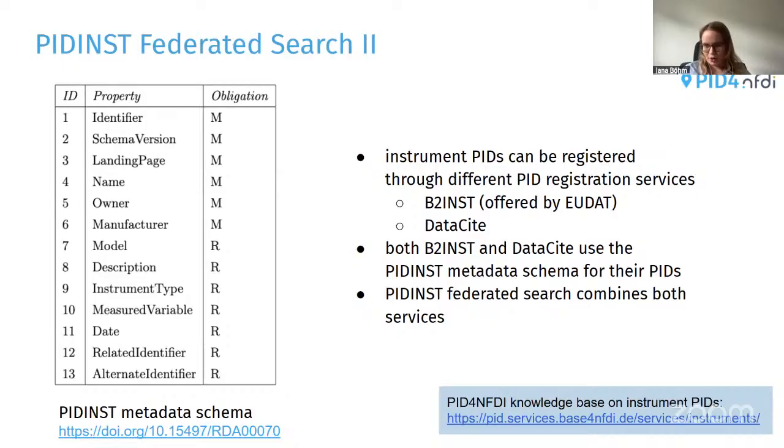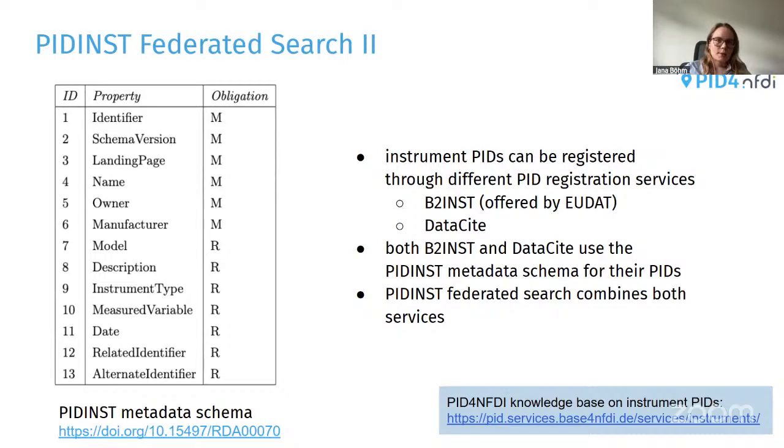And here I also want to mention on the bottom right of the slide, we also have instrument knowledge base on PIDs with use cases, and with guidelines or guiding material about how to register the PID metadata, so how to do it best, and how to interlink instruments with other research outputs.